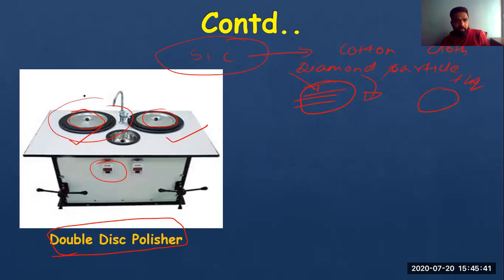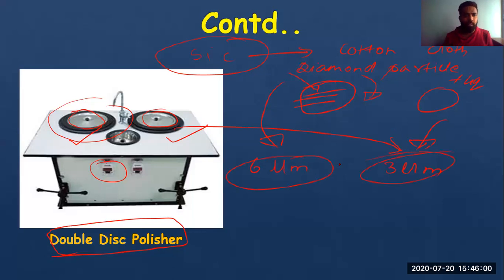This is of different grades. The diamond particles will be of different sizes. On the first disc, the diamond particle will be, suppose, 6 micrometer, and on the second disc it will be 3 micrometer. You polish it twice using diamond particles with the help of liquid or resin also. You can pour resin.